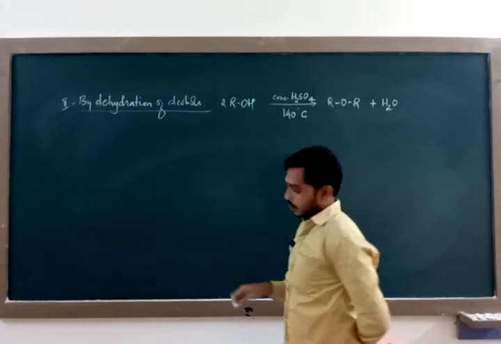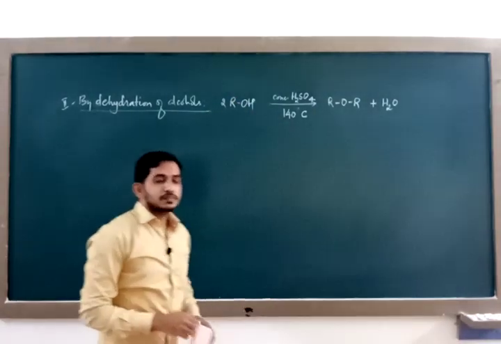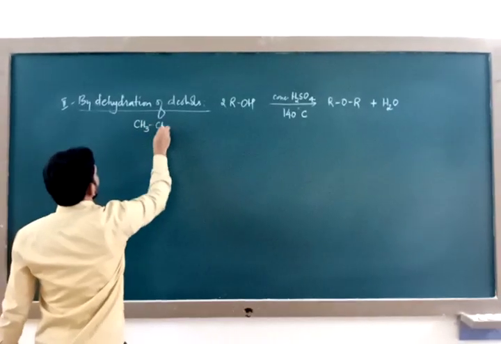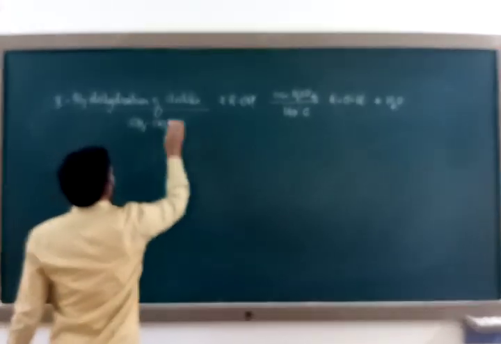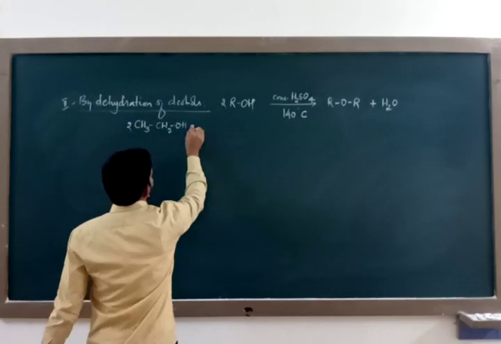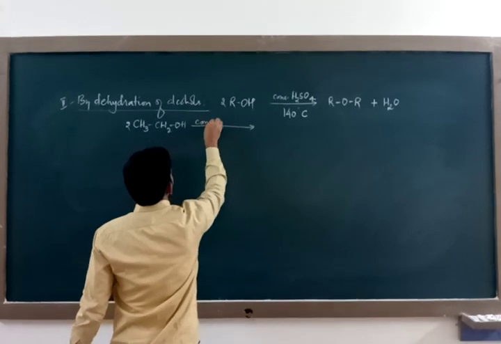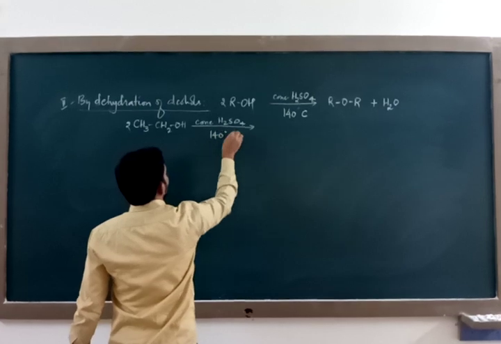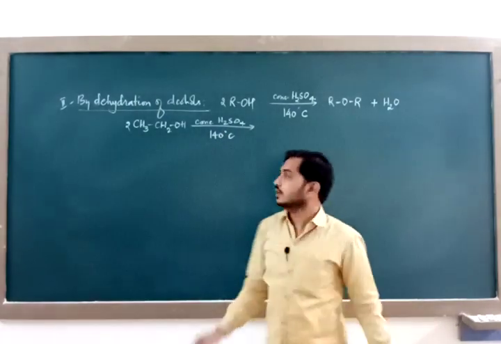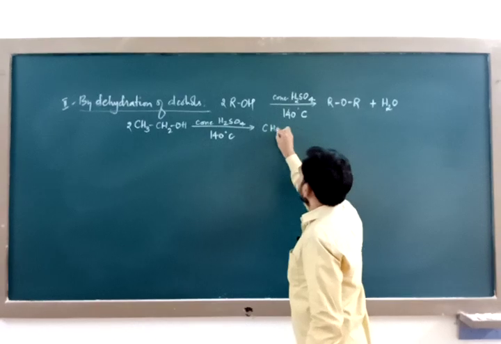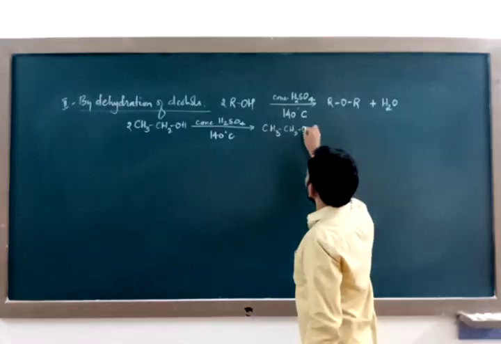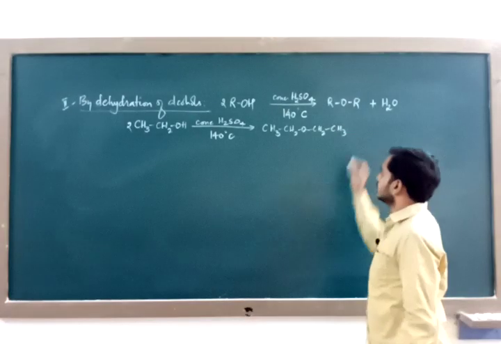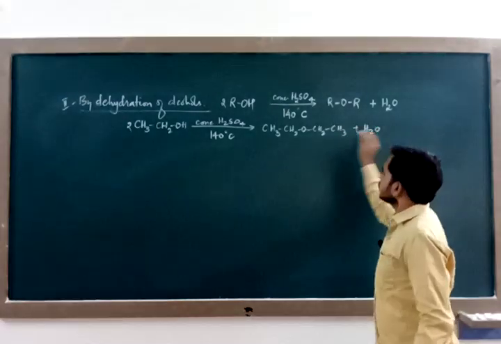So use 2 molecules of ethanol. To explain how this happens, let us select one example. Use ethanol. When ethanol is dehydrated under the same conditions, that is concentrated sulfuric acid and a temperature of 140 degrees Celsius, then what is obtained? You should get ethoxyethane or diethyl ether along with water.